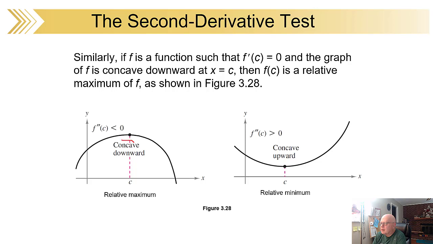Here's one interval where it's concave downward, and because it's concave downward, it has a relative maximum, because we don't know what's happening over here. And this one's concave upward. That means we've got a relative minimum. Now we don't know what's happening over here or over here. That's why it's a relative maximum or minimum. All we care about is the interval, in this case from here to here.